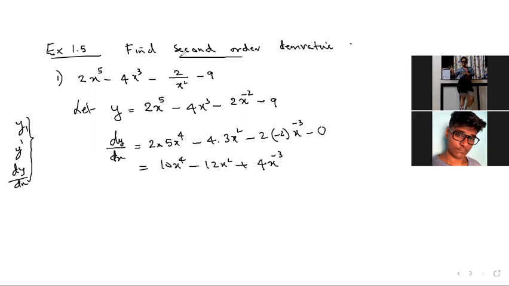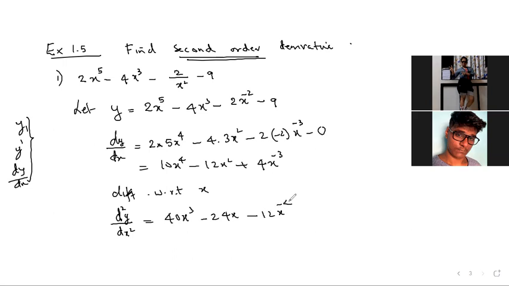Now you are asked to find the second order derivative. So differentiate again with respect to x. You can write d square y by dx square equal to 40x cube minus 24x minus 12 upon x raised to 4.